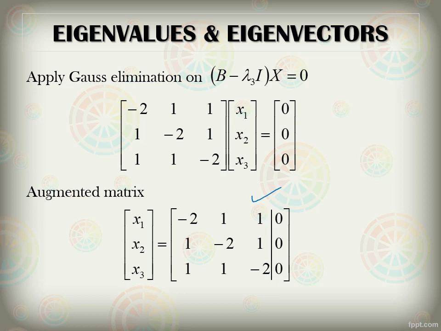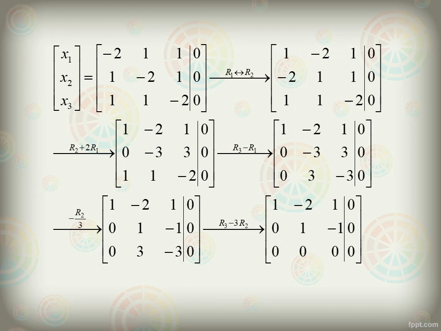As usual, proceed by using the GEM, apply the ERO, reduce this to REF form. The process of GEM by using the ERO takes 5 operations until we reduce our matrix to REF form. You just follow the same steps as before.